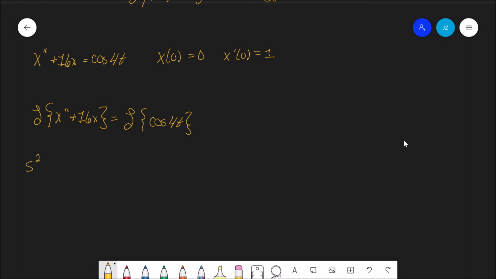So s squared X(s) minus s x(0) minus x'(0) plus 16 X(s) will be equal to s over s squared plus 16.